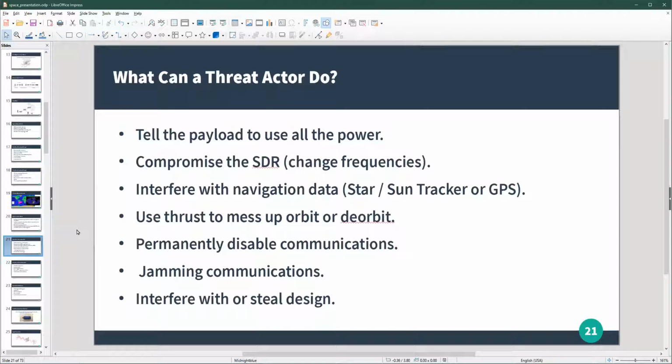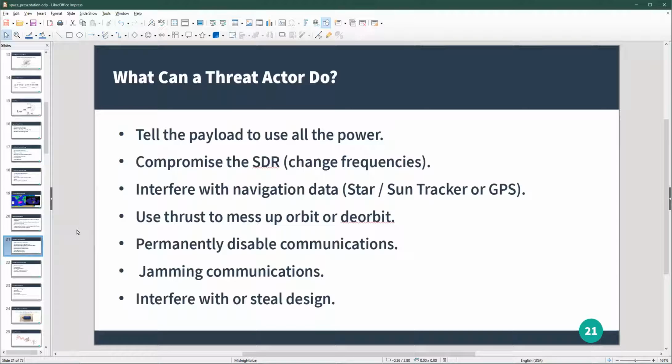That's another good big ball of light that can be used. Or through GPS. GPS works in space as well. It's not just a ground thing. A lot of low Earth orbit satellites, for example, have GPS receivers on board to figure out where they are. And of course, you can use thrust to mess up or deorbit the satellite.